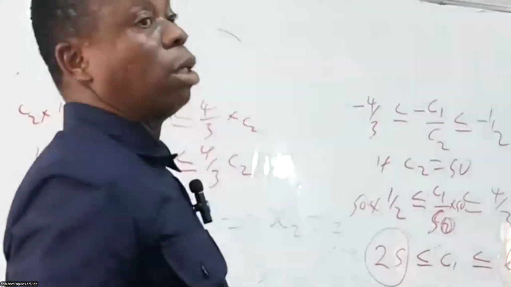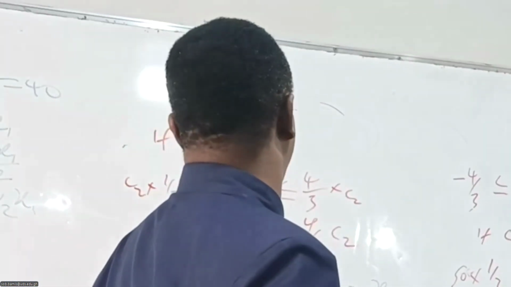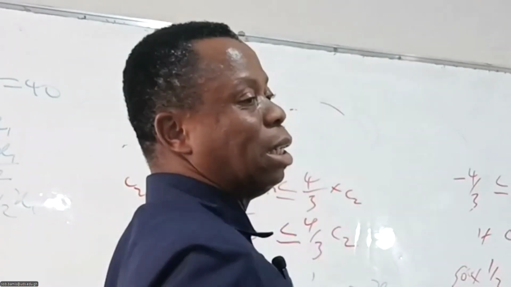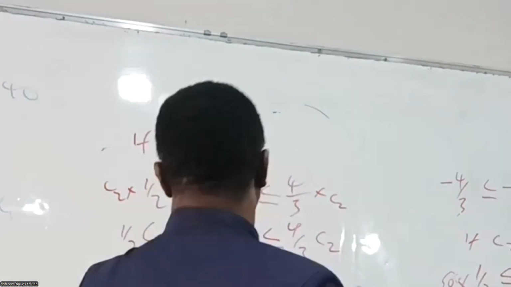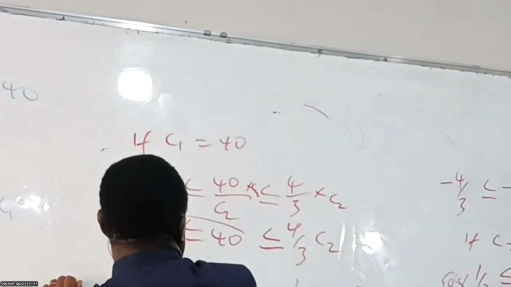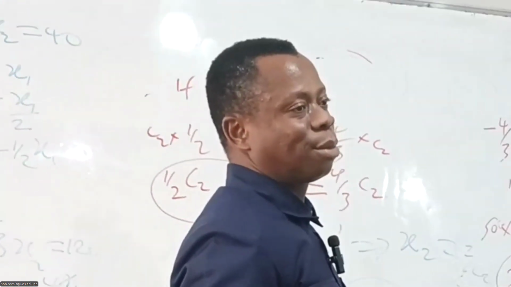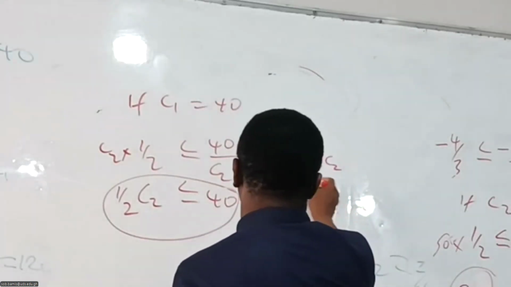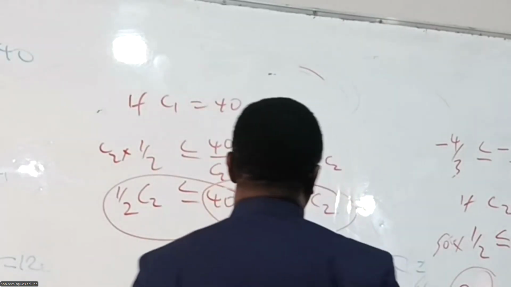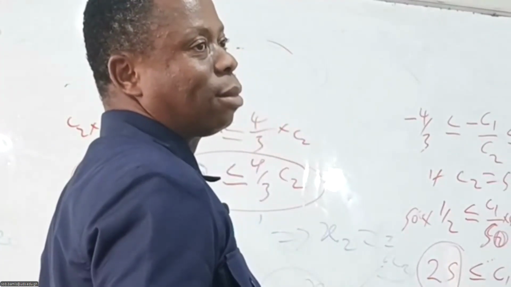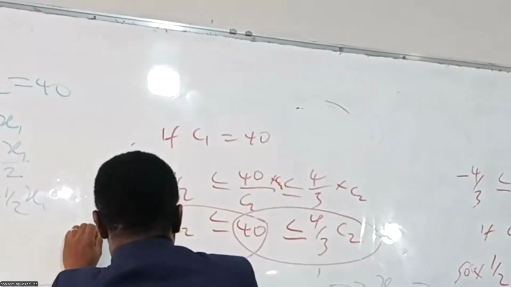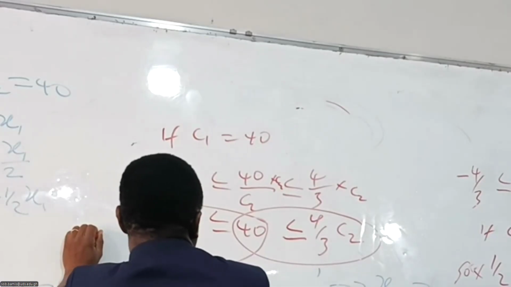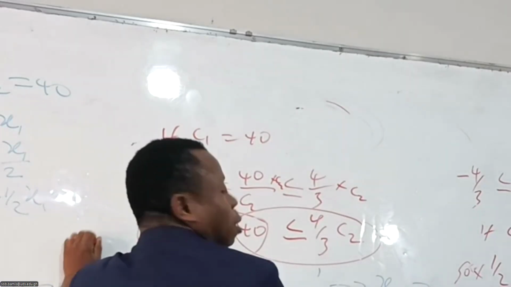So this is how you solve it. You divide it into the left hand side and the right hand side. So this is the left hand side, solve this alone. This is the right hand side, solve this alone. The left hand side is half of C2 equal to 40.